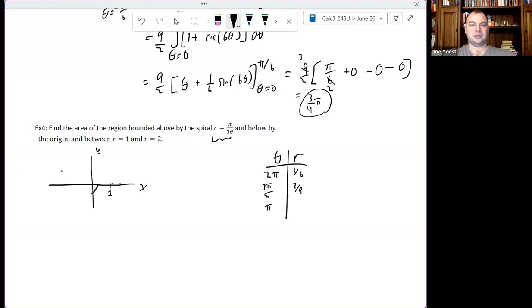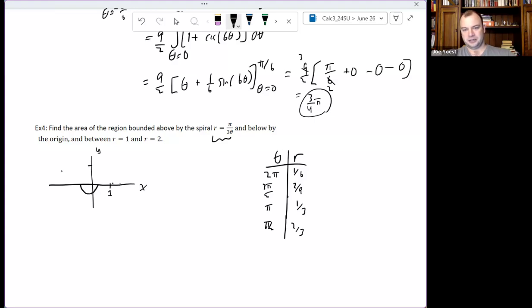When theta equals pi at the negative x-axis, well, then we just have 1/3. That's an easy one to do. About 0.33, getting even a little further away from the origin. When theta is pi over 2, well, then 3 theta is 3 pi over 2. Pi over 3 theta is 2/3. Getting even a little farther away from the origin.